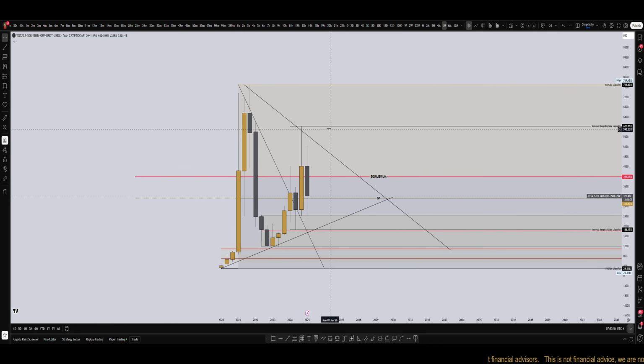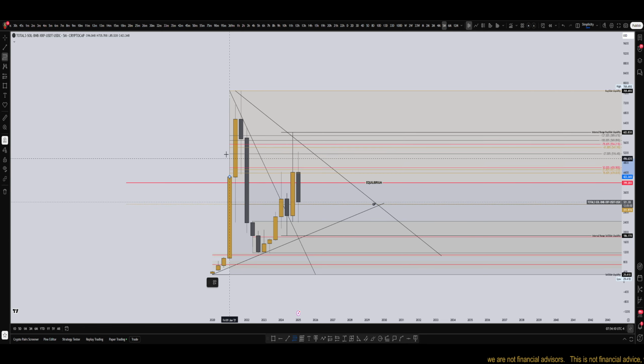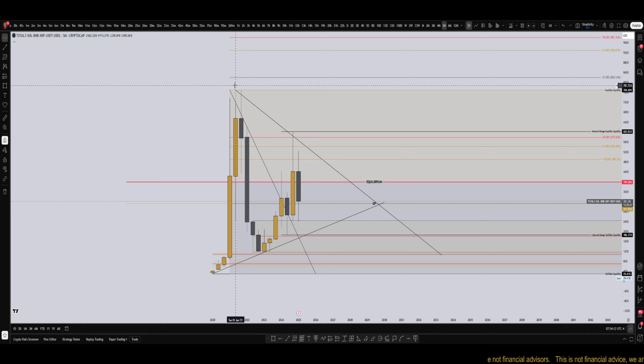Okay, so example time of the hidden fair value gap. So let's assume that this is in an actual downtrend, because zooming out, this is in a bullish uptrend, okay? But if this was a bearish one, one way that you can find these hidden fair value gaps is by measuring the wicks of the first candle that leaves the wick.